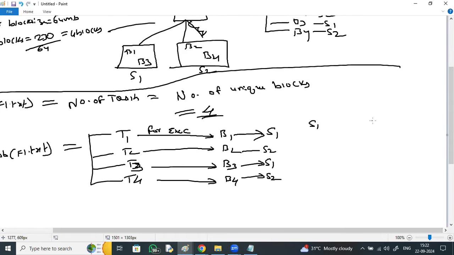If you observe here, S1, S2. S1 is executing how many tasks? T1 and T3. S2 is executing how many? T2, T4.